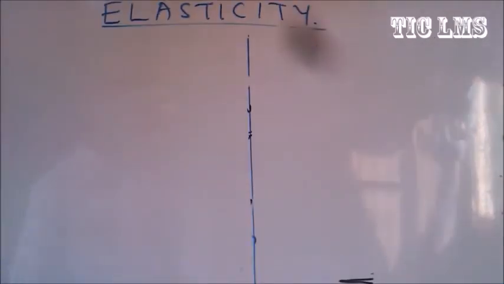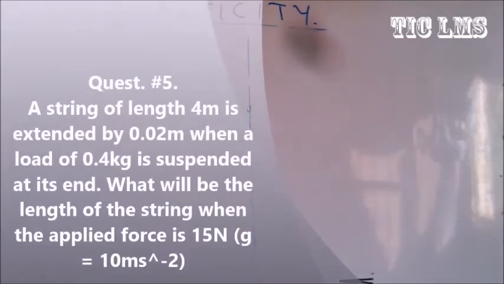This next question says a string of length 4 meter is extended by 0.02 meter when a load of 0.4 kilogram is suspended at its end. What will be the length of the string when the applied force is 15 Newton, taking acceleration due to gravity to be 10 meters per second squared?